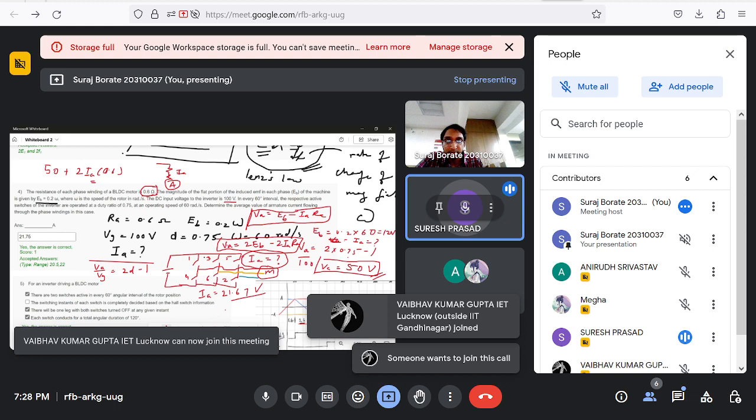IA into RA is what? The winding drop in the voltage. Yes. So what I am asking is the voltage that we provide to the motor. EB will be of opposite direction or the same direction? Opposite direction. And IA RA drop will be the same direction or the opposite direction? Same direction.